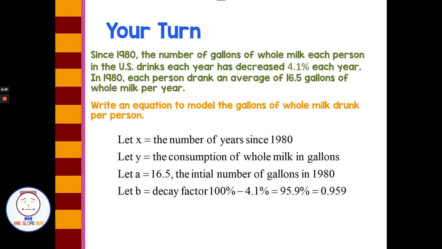So we're going to use 95.9% or 0.959 as a decimal. So with decay, or decreasing, we're looking at 100% minus that 4.1 to come up with 0.959. And our function looks like this: y equals 16.5 times 0.959 to the x.